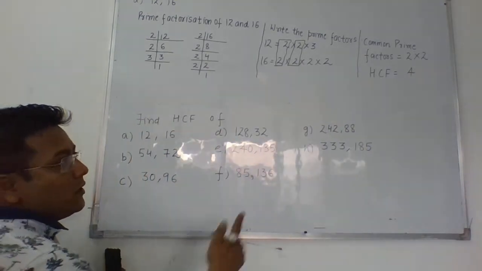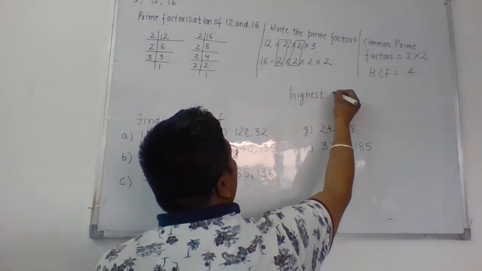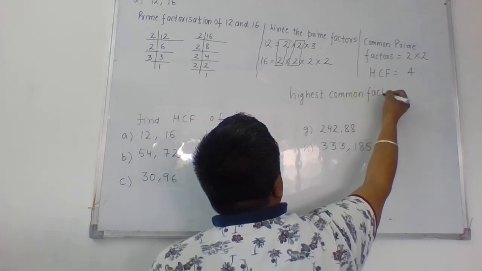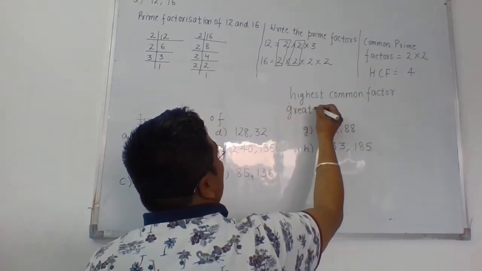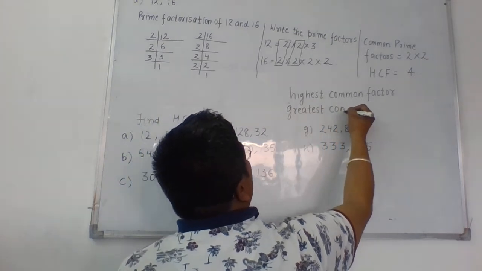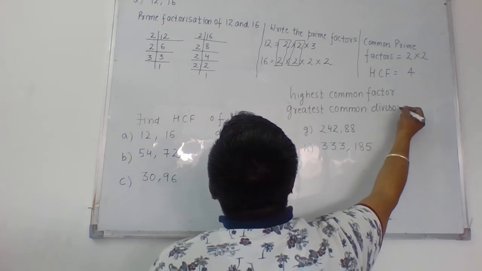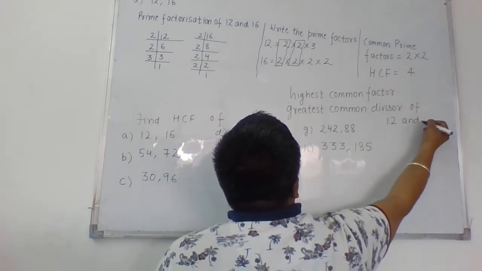So students, 4 is the highest common factor, or we can say greatest common divisor of 12 and 16.